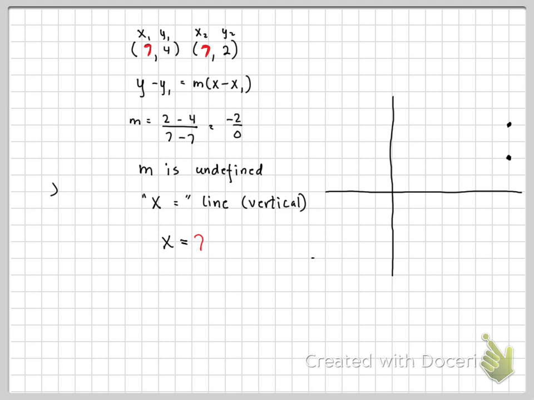Obviously, the line is that line right there, which is x equals 1, 2, 3, 4, 5, 6, 7. Okay, so a slope with a 0 in the denominator is undefined, which is an x equals or vertical line through the x coordinate of whichever point, because they are both the same.